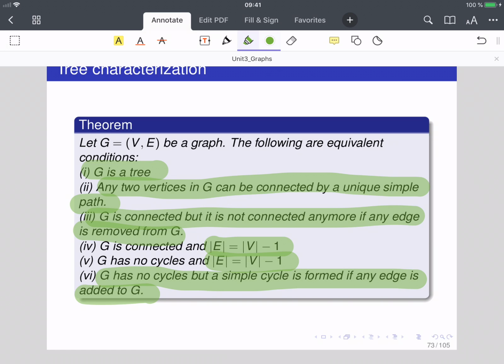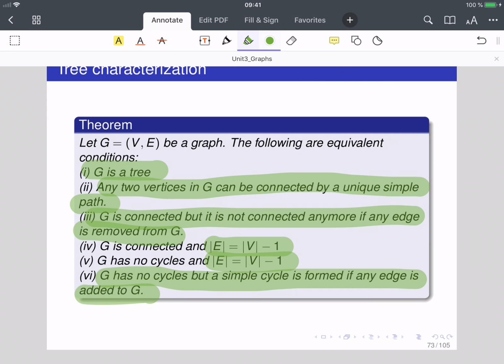So what's important about this result, and this is something that I do want you to know, is that with these equivalent ways of defining or finding out that the graph is a tree, we can also study and define methods that are important for different situations.